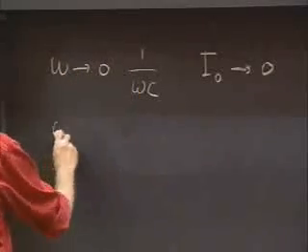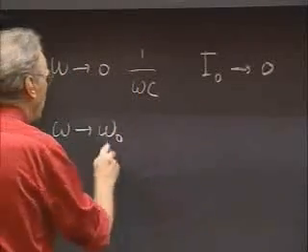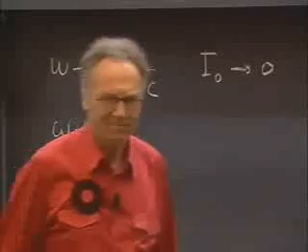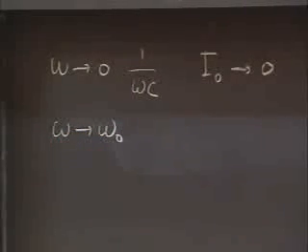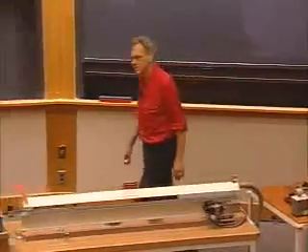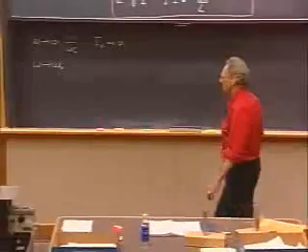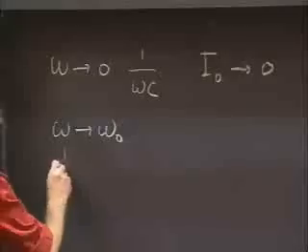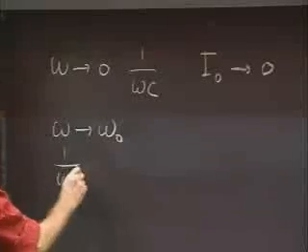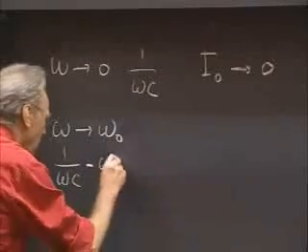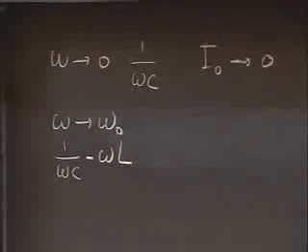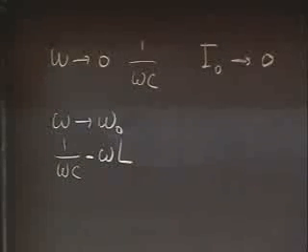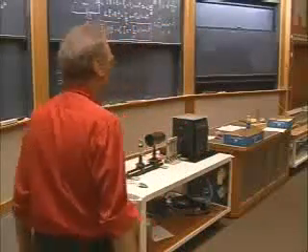Suppose my omega goes to omega 0. Now your memory may fail you here on 8.02. But we have a wonderful demonstration in 8.02 that at resonance, 1 over omega C, which is the reactance of the capacitor, minus omega L, which is the reactance of the inductor, is 0. That determines actually the resonance.